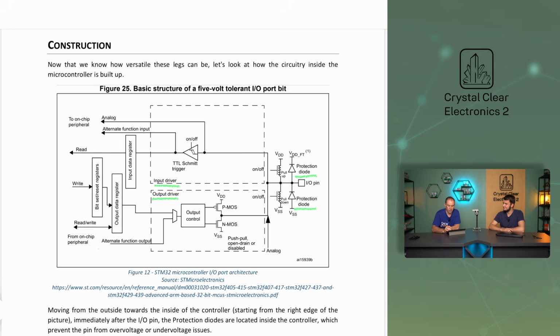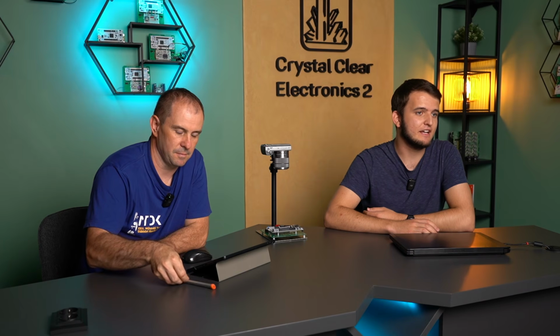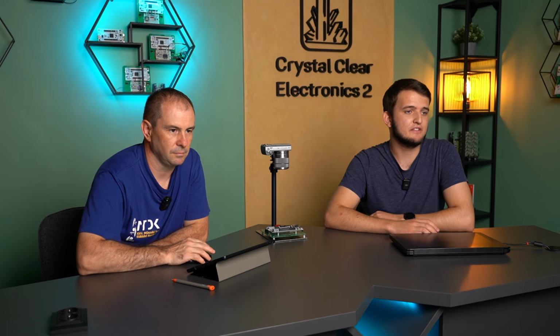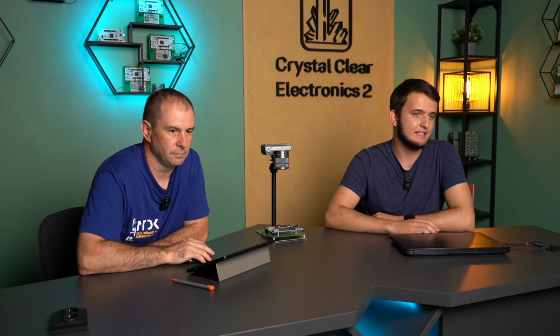If the pin is configured as an input driver, the output buffer or output data register is disabled. Meanwhile, the Schmitt trigger is enabled. In electronics, the Schmitt trigger is a comparator circuit with hysteresis. We talked about it in great detail in chapter 14 of the Crystal Clear Electronics curriculum.